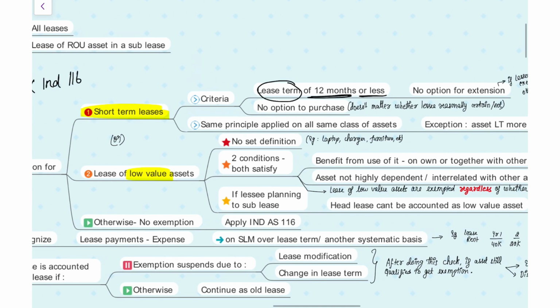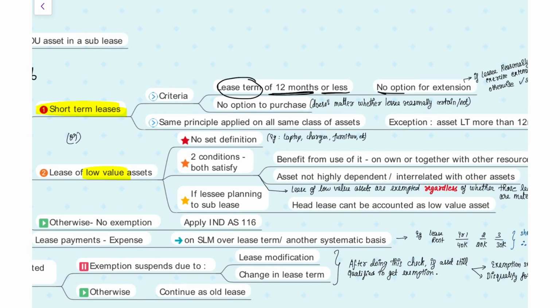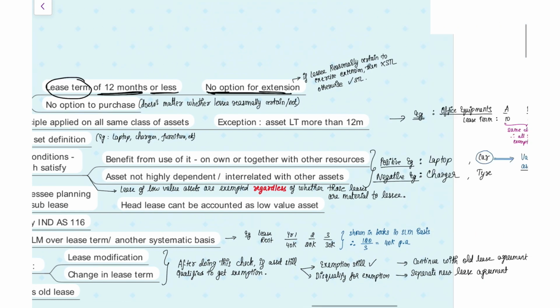But there are two more conditions which the short-term lease has to fulfill apart from the lease term of 12 months or less. The first thing is that it should not have an extension option. Usually in Ind AS 116, the lessee has a lot of powers.